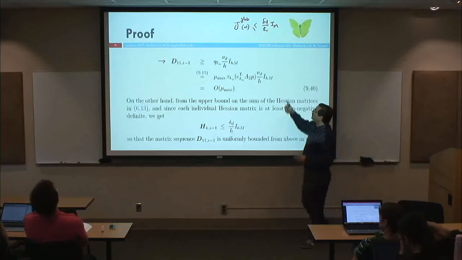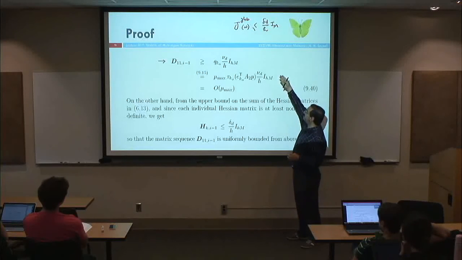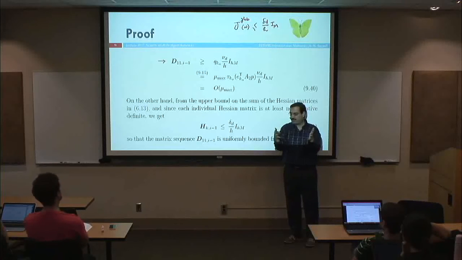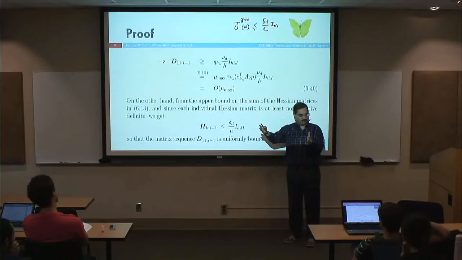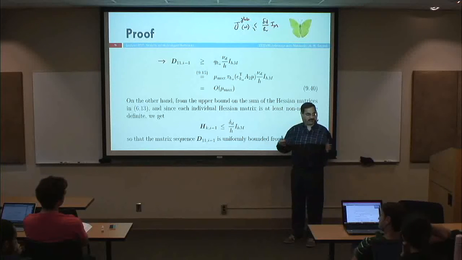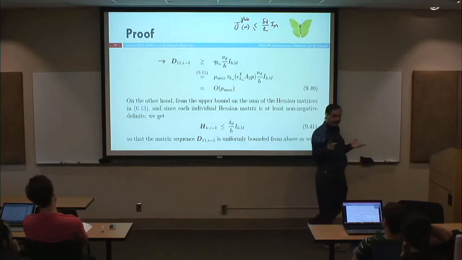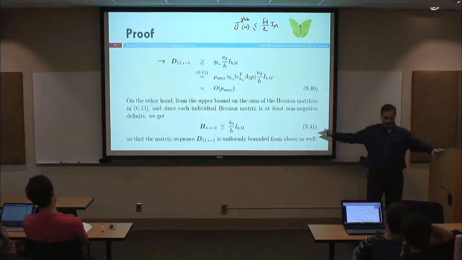Okay. So what's the Hessian of the global cost? It is the sum of the individual Hessians. And all these individual Hessian matrices are non-negative, right? If their sum is bounded from above, and they are all non-negative, then each one of them is bounded from above by the same number, correct?